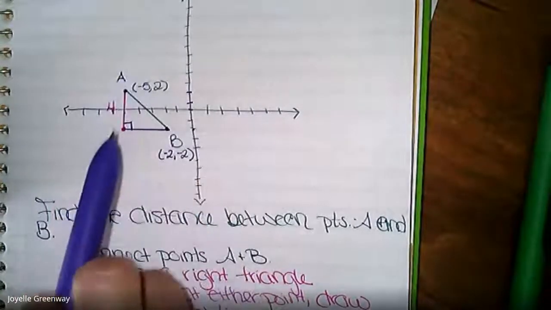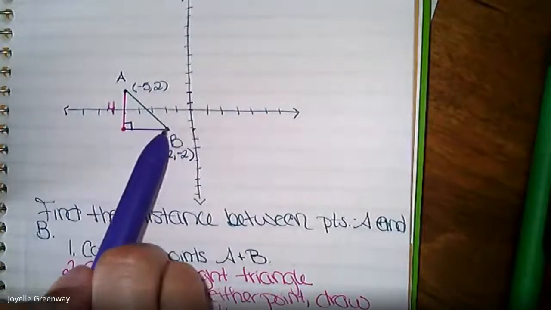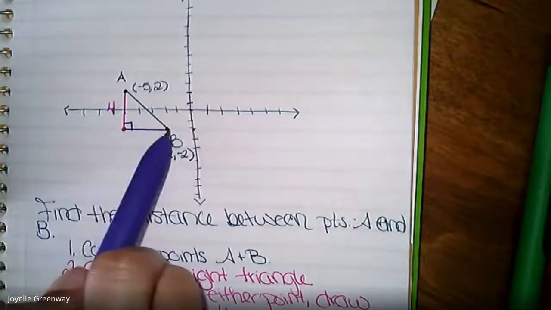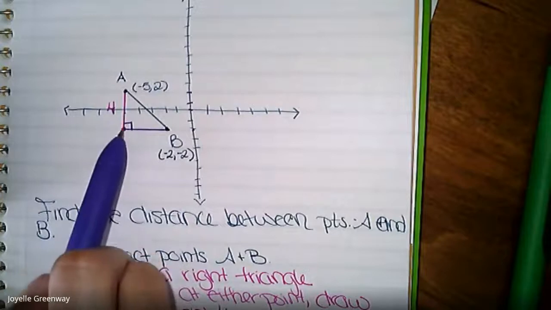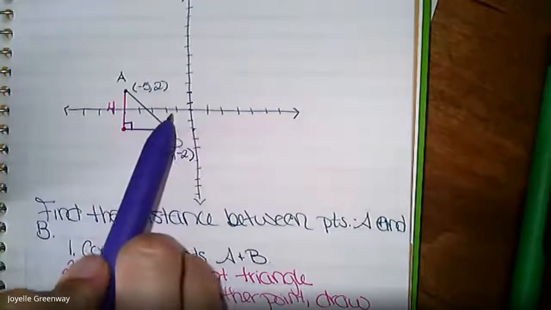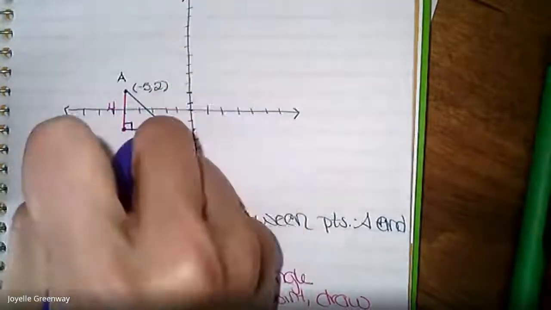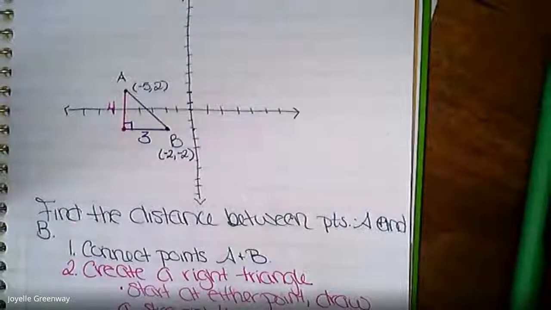So now I want to count how many units is the length of this line segment. So I have 1, 2, 3, right? So this length is 3.